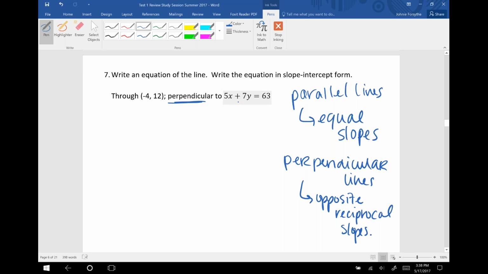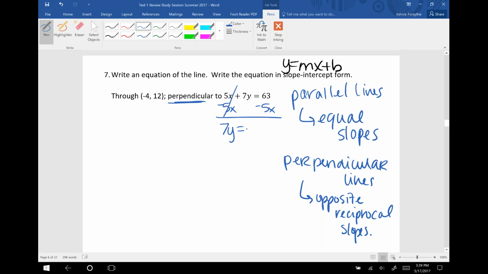So I'm going to take that 5x plus 7y equals 63 and set it equal to y. To start, I'm going to subtract 5x from both sides. 5x minus 5x cancels out. I have 7y equals, and I want to put it in slope-intercept form. Remember that's y equals mx plus b.